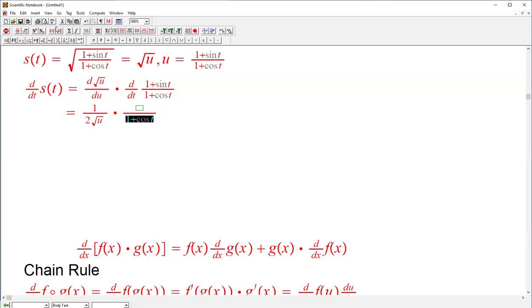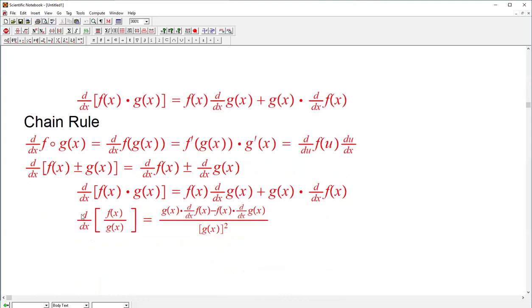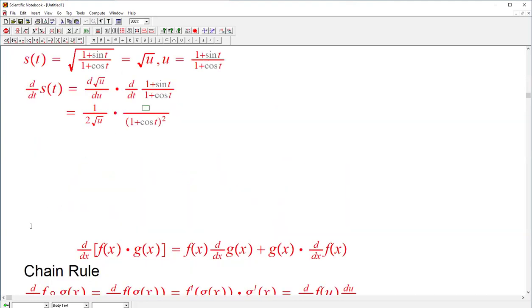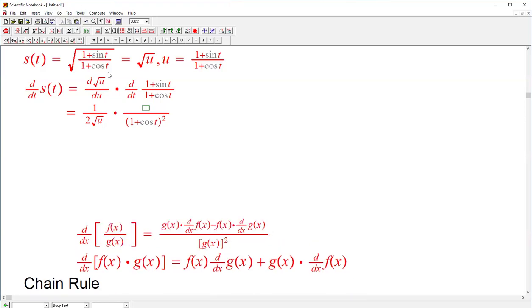Okay, I'm going to bring up the quotient rule up front. Okay, quotient rule. Denominator squared, and the numerator we're going to differentiate. The derivative of 1 plus sine t: the derivative of 1 is 0, the derivative of sine t is cosine t.